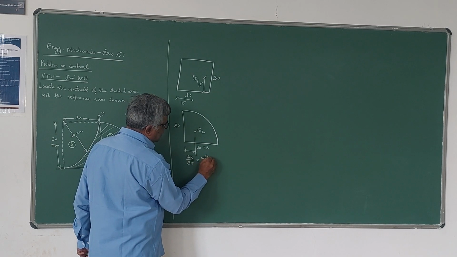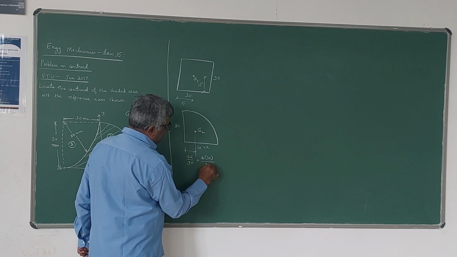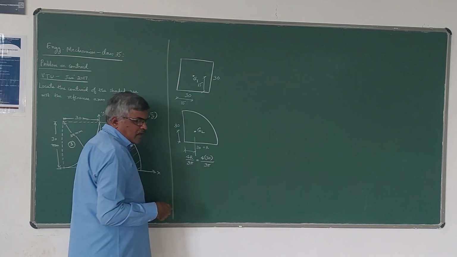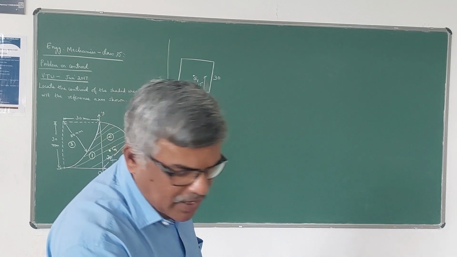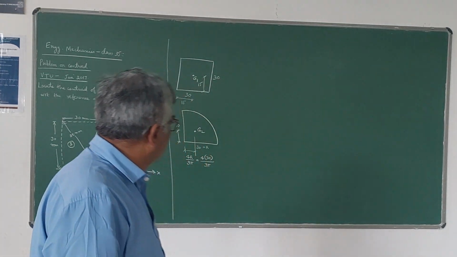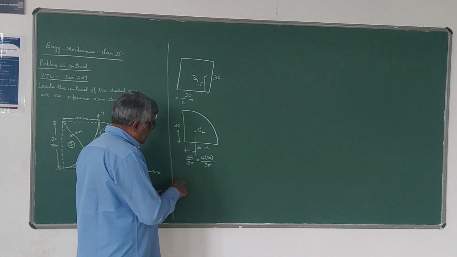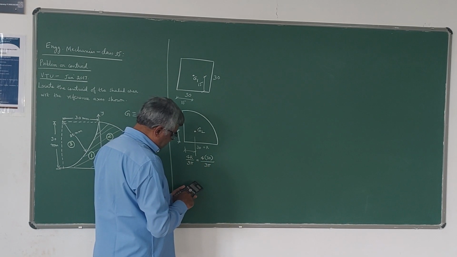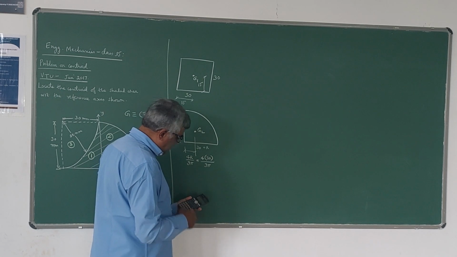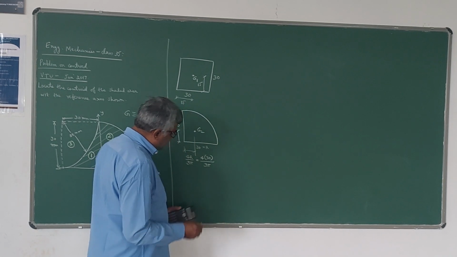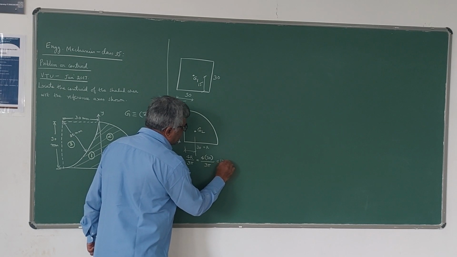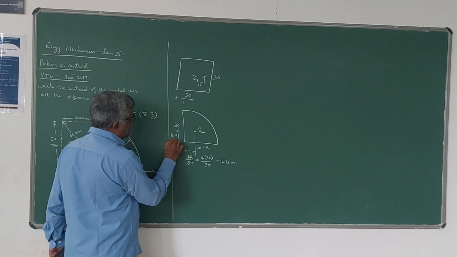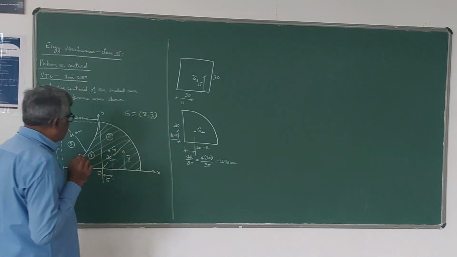So r is 30 mm, 4 into 30 divided by 3 pi, and this is also the same. I can simplify this: 10 into 4 is 40, 40 divided by pi. So the value is 12.73 mm, and this is also 12.73 mm. So location of G2 is known now.